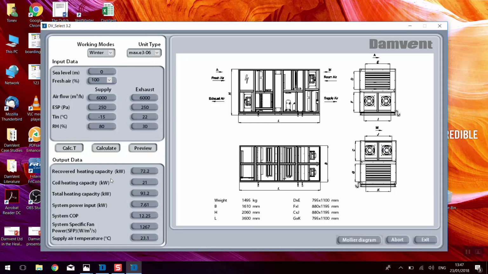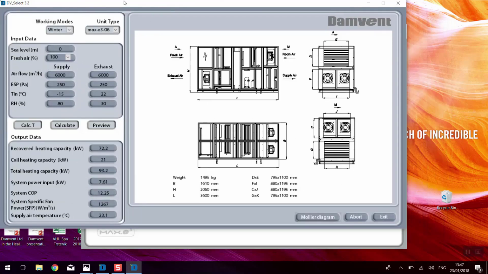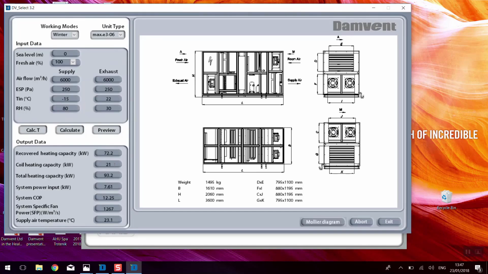First of all, we provide the recovered heating capacity. Then we provide the heating capacity from the condenser. Then we have the total heating capacity. After that we have the system power input, but this is a total value for the unit, which means including compressors and fans.